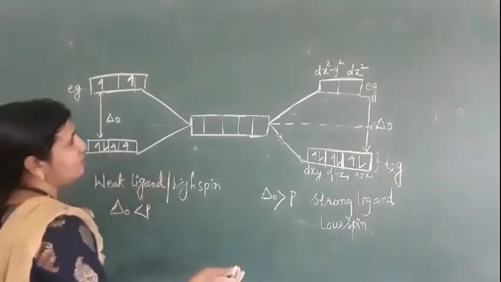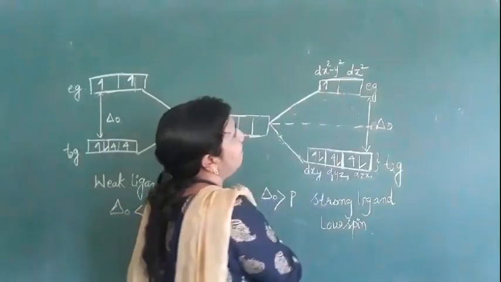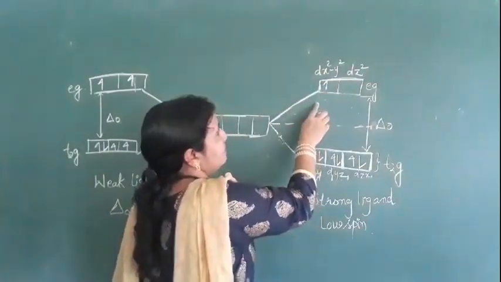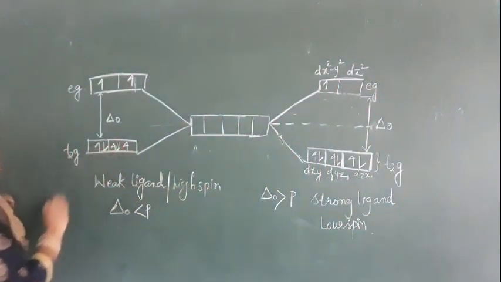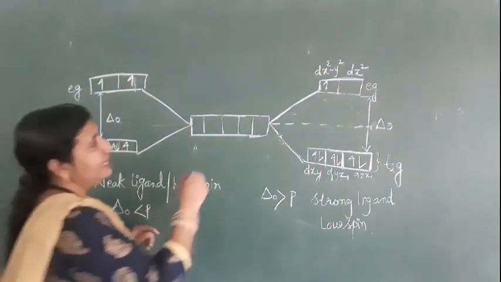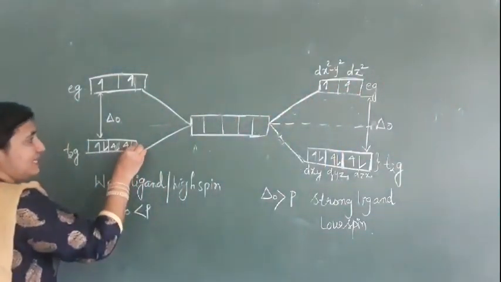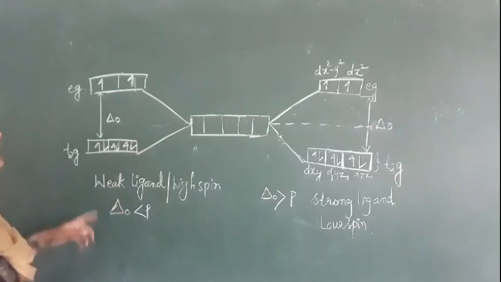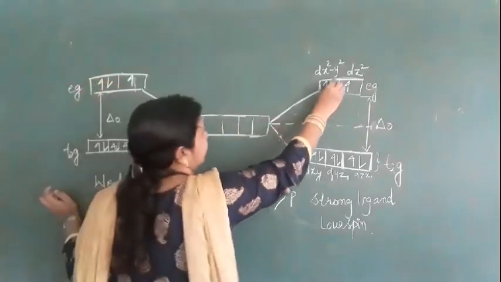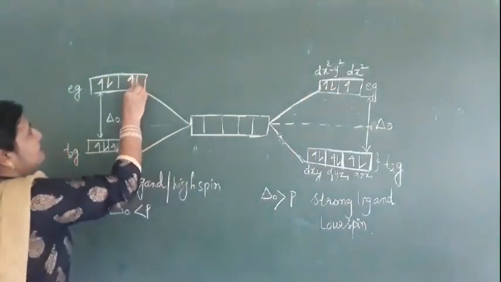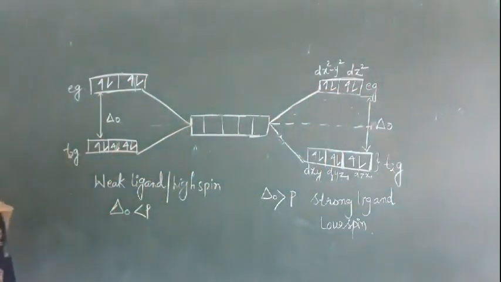Now the 7th electron will enter into the dx square minus y square orbital, and then into this orbital here. Okay, and the 8th electron will enter here. Now the 9th and 10th electrons: the 9th will enter here, and the 10th will enter here. So like this the filling of electrons takes place.